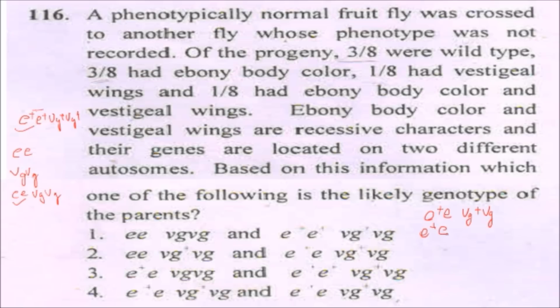So it will be E positive, e, and for vestigial wings also it is producing the wild type, having both the positive and the negative allele. So it will also be in the heterozygous form. So the option here will be number 4.